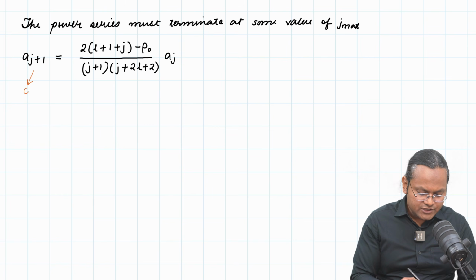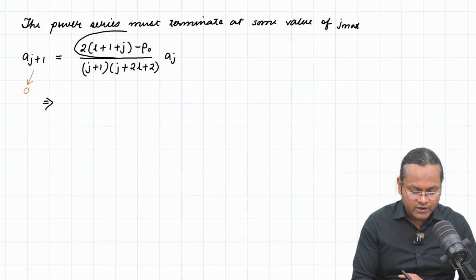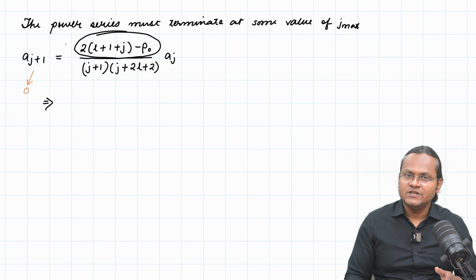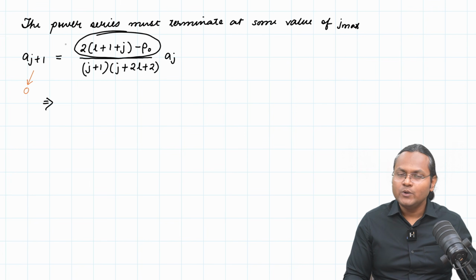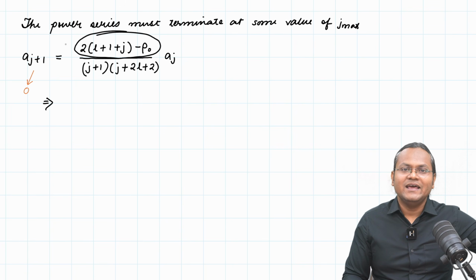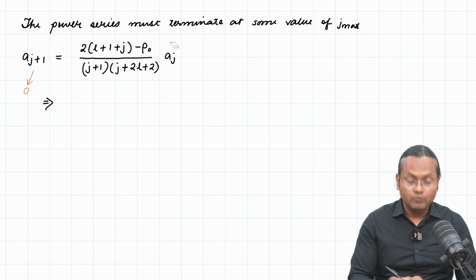What could be the condition for this? The condition for this is extremely simple if this denominator somehow turns out to be 0. If this denominator turns out to be 0, the next coefficient term is 0. And because the next coefficient term is 0, the one next to it is 0. The one next to that is 0. Again and again and again. Effectively, the series has terminated now. And we can avoid this blowing up behavior.